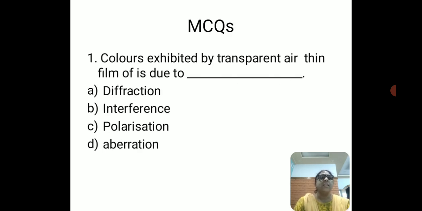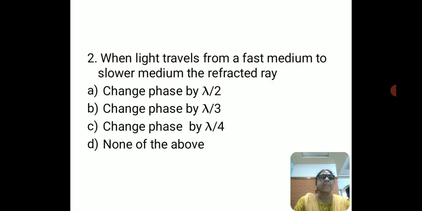These are multiple choice questions for revision of whatever we have learnt. The colors exhibited by a transparent thin air film are due to, no doubt, interference. The options are diffraction, interference, polarization, aberration, but the answer is B, interference.